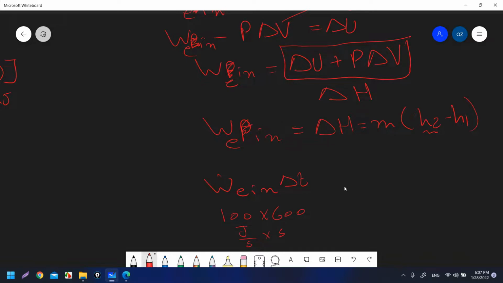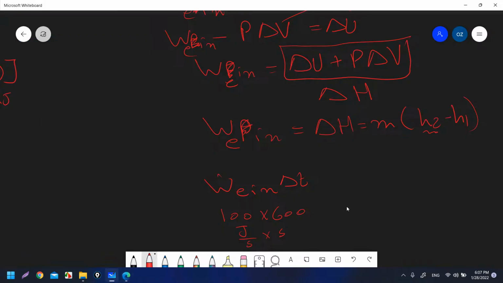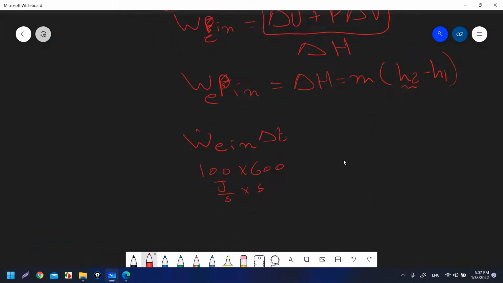I usually deal with kilojoules because the tables are in kilo, so I also have to multiply by 10 to the negative 3, so I can get 60 kilojoules. This 60 kilojoules will equal the mass times H2 minus H1.